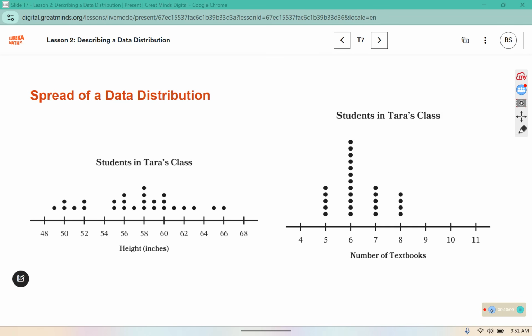So this one goes from 66 to 49, and this one went from 8 to 5. This one has a larger range because there are more values in between 66 and 49 than there are between 8 and 5.